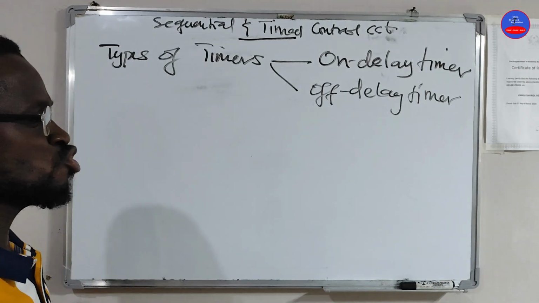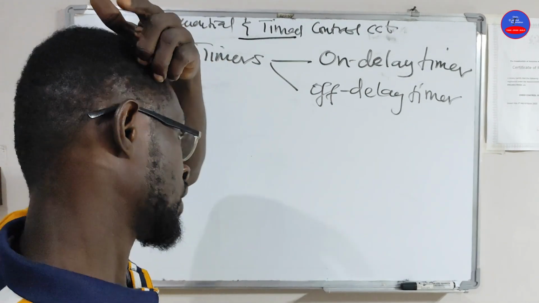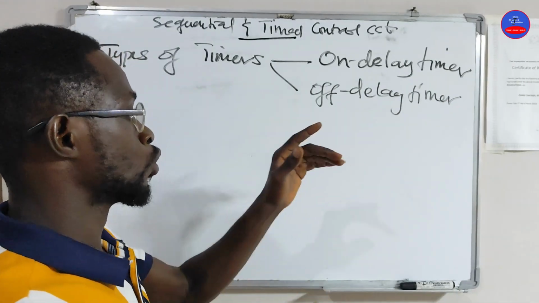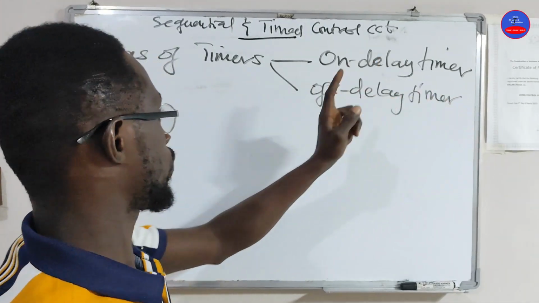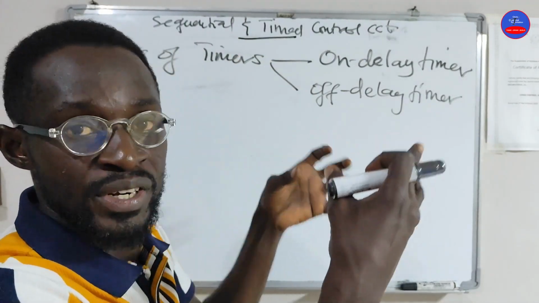So these are the two main types of electronic timer that we have. We are looking at the timers first before we come to the sequential side, then we combine them to create a circuit.